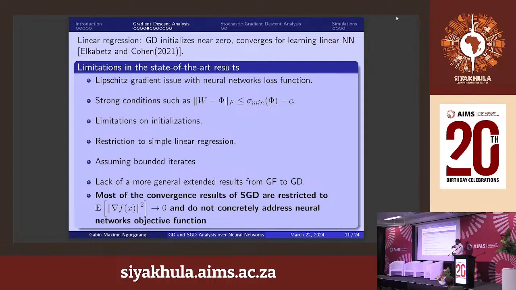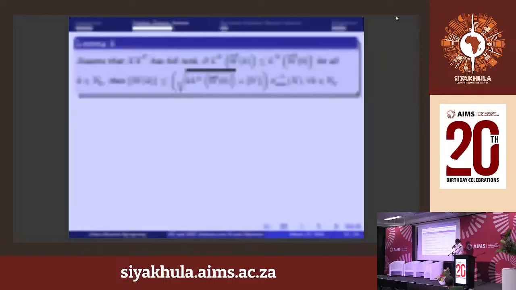And for most of the results on stochastic gradient descent, where they mention convergence, it only indicates that the second moment of the gradient converges to zero. So it doesn't really say that we are going to a critical point.